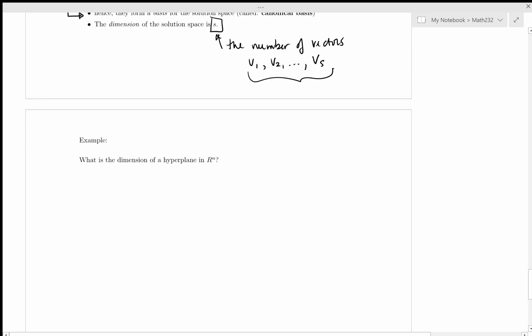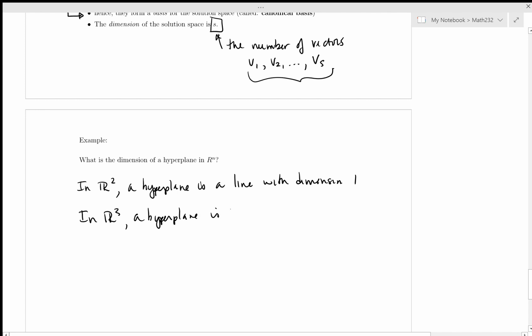Okay, so we're going to take a bit of an excursion here. What is the dimension of a hyperplane in Rn? In R2, a hyperplane is a line with dimension 1. In R3, a hyperplane is a plane with dimension 2.